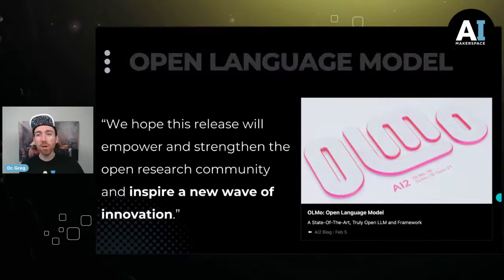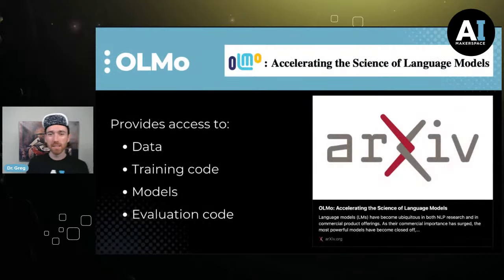So the OLMo model series gives us access not just to part of the stuff, but really the whole kit and caboodle. We have every step we need. It's kind of the cookbook to build an LLM and to make sure you do it in a really sophisticated way from the outset.